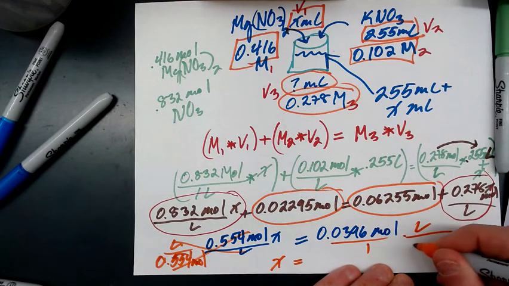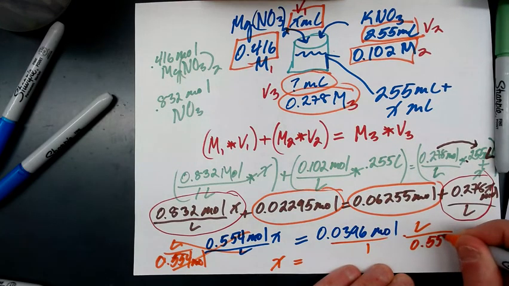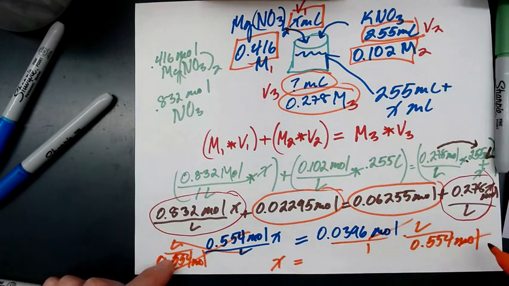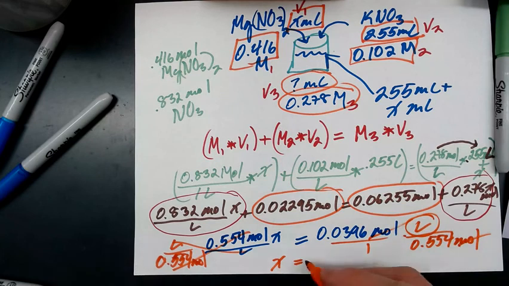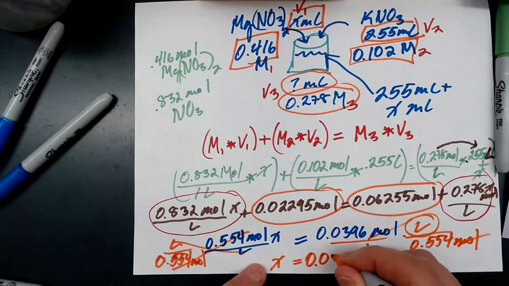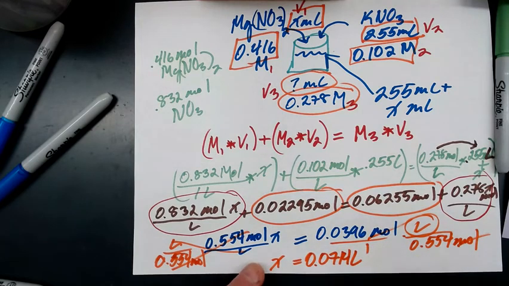So liters over, whatever I do to one side, I do the other, which in essence I'm just multiplying by the reciprocal. So in this case, my moles cancel out, and I'm left with liters, which is great. And when I do the math on that, I'm going to get 0.0714 liters, which is 71.4, right?